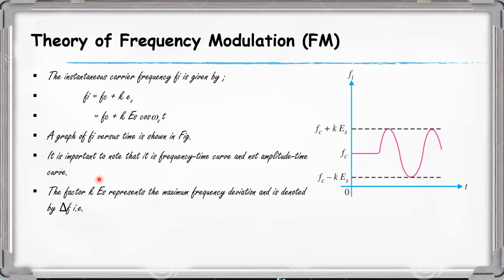The factor k Es is the maximum frequency deviation, denoted by delta f. Then the maximum frequency deviation delta f must be equal to k into Es. Using this definition, delta f equal to k Es, we rewrite the expression of Fi as Fc plus delta f into cos omega st.